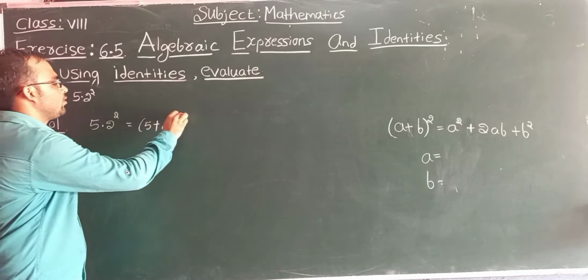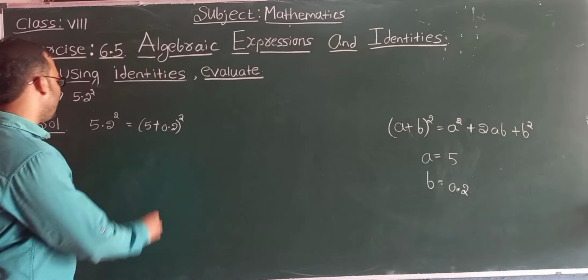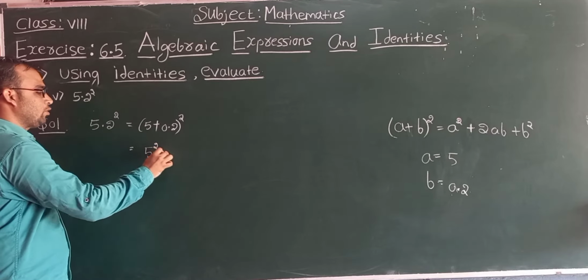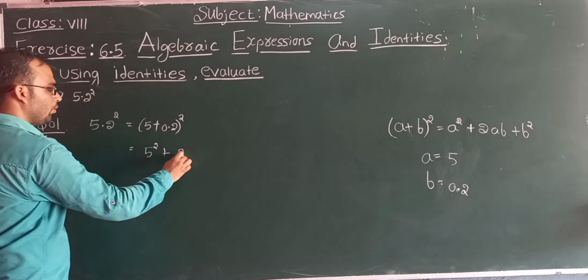Now in place of a, what is there? 5, and in place of b, what is there? 0.2. Now according to the formula, a square means 5 square, plus 2 into a, that is 5, into b, that is 0.2, plus b square, that is 0.2 square.